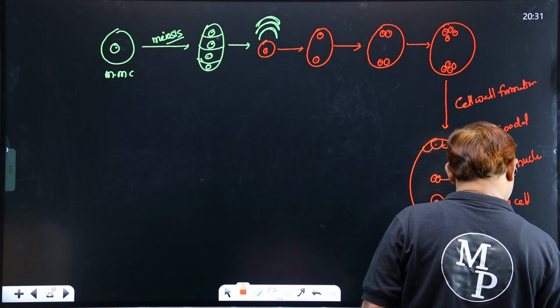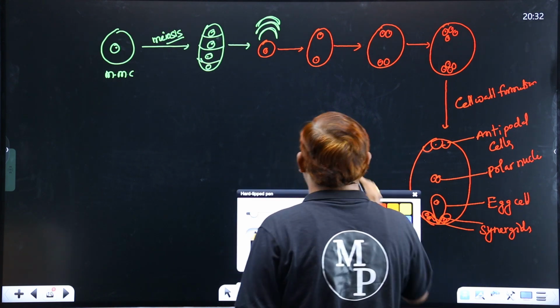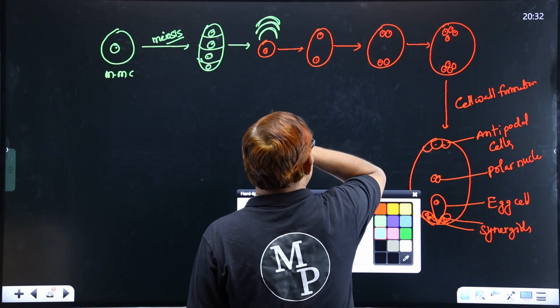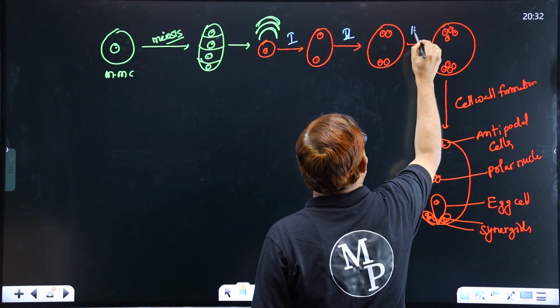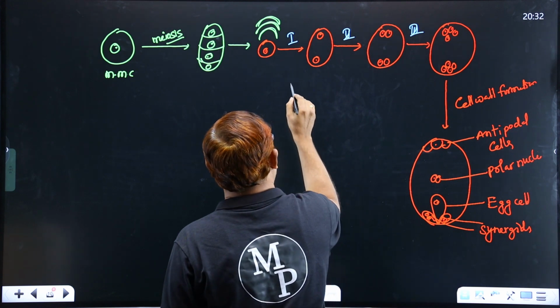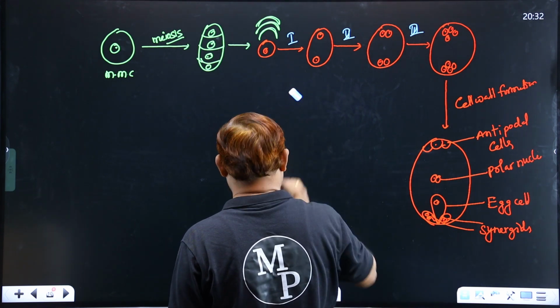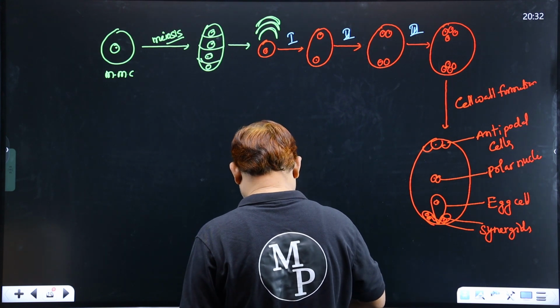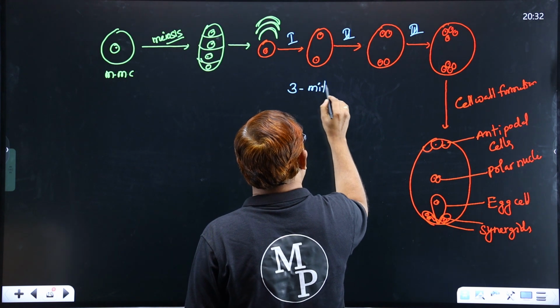How many mitotic generations take place here? First, second, third. So 3 mitotic generations.